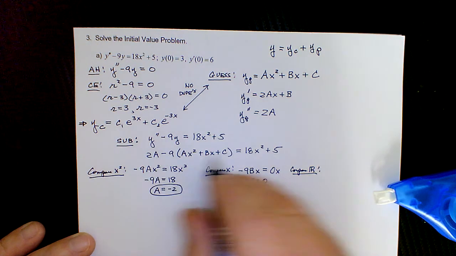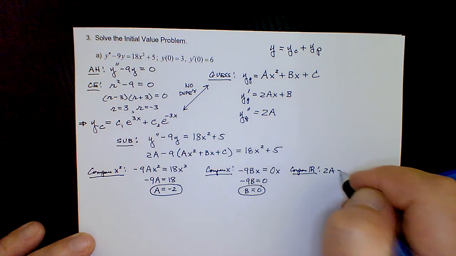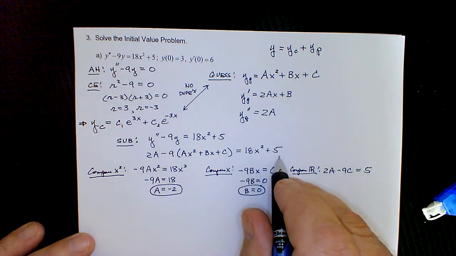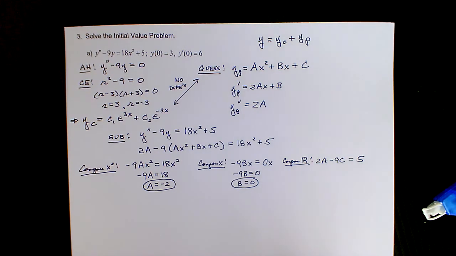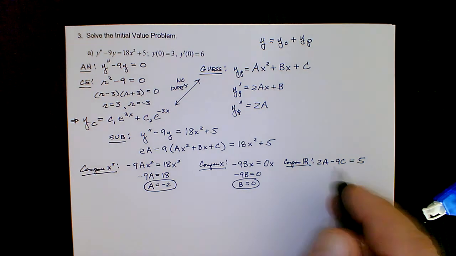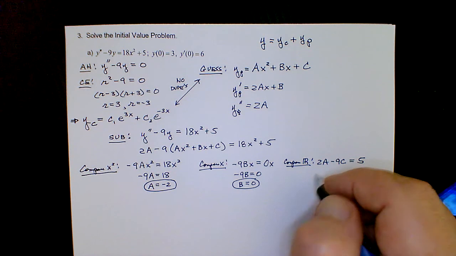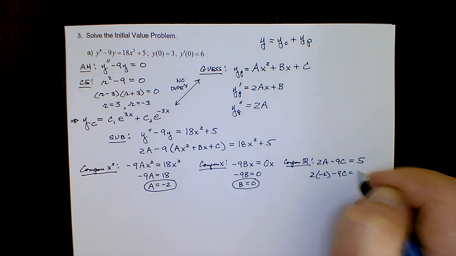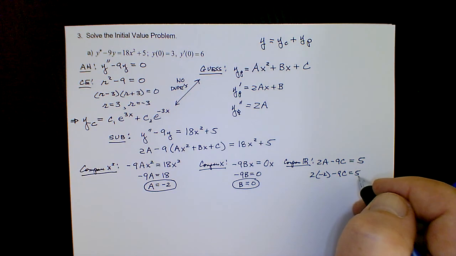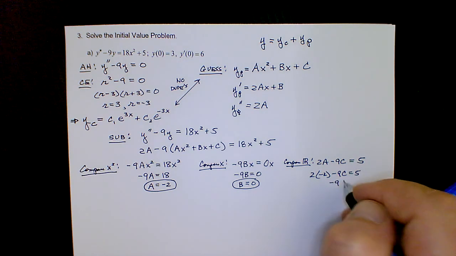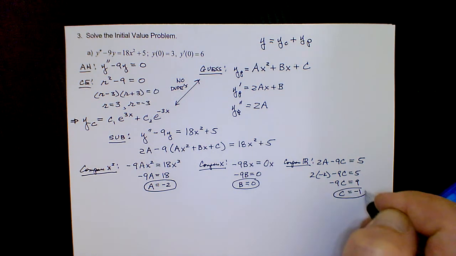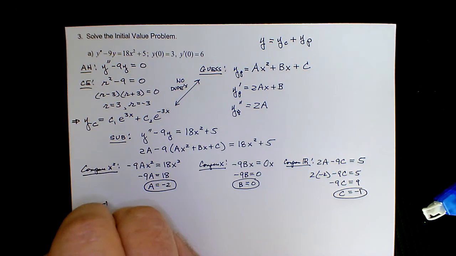On the left we have 2a minus 9c equaling the constant on the right, which is 5. There's an equation with two unknowns, but not really, because we know a is negative 2. So 2 times negative 2 minus 9c is 5. So that's negative 4. So add 4 to both sides. Negative 9c is 9, and c is negative 1. So that comes out pretty.